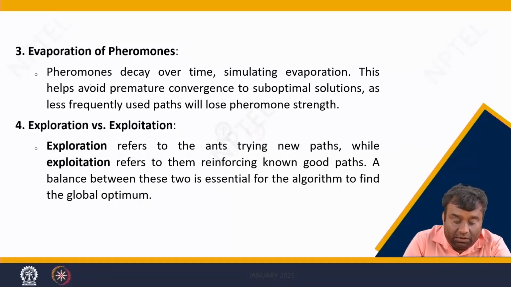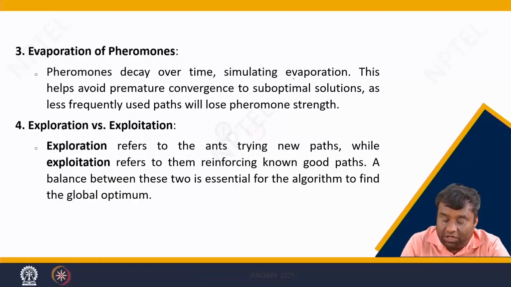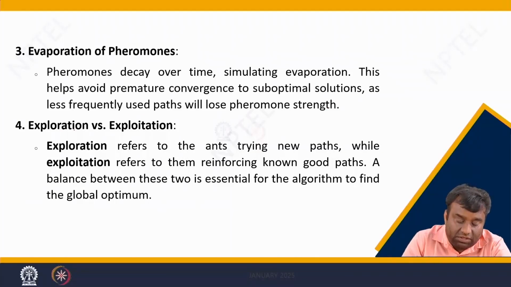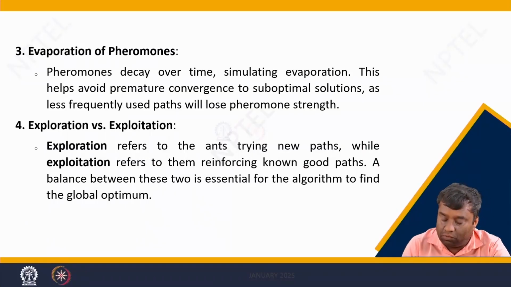Evaporation of pheromone. Pheromones decay over time, simulating evaporation. This helps avoid premature convergence to suboptimal solutions, as less frequently used paths will lose pheromone strength. Last one is exploration versus exploitation. Exploration refers to the ants trying new paths, while exploitation refers to them reinforcing known good paths.